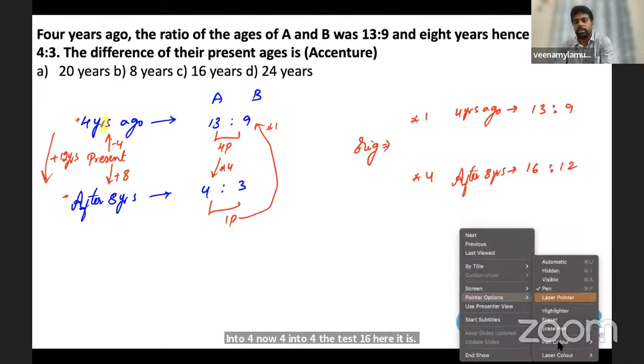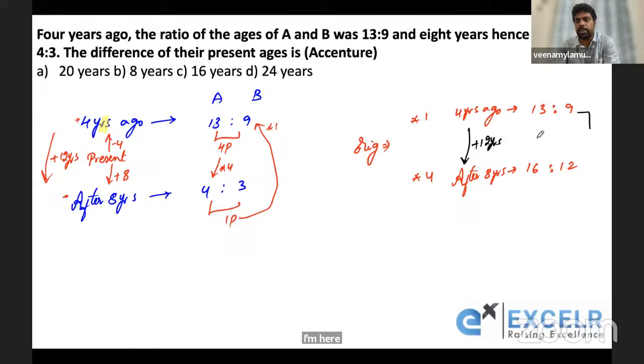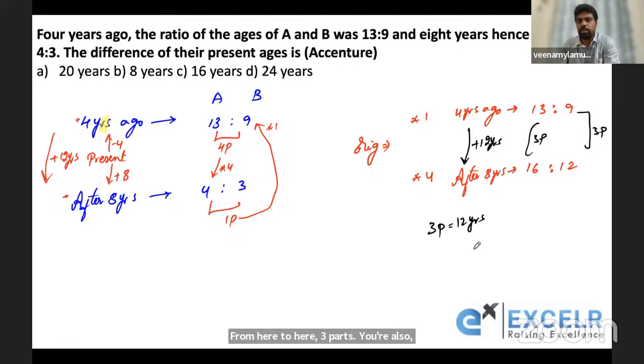So now how much is this? From here to here, 12 years. From here to here, 3 parts. Here also it is 3 parts. So 3 parts is equal to 12 years. 1 part is how much? 4 years. What did he ask you to find out? The difference between their present ages.